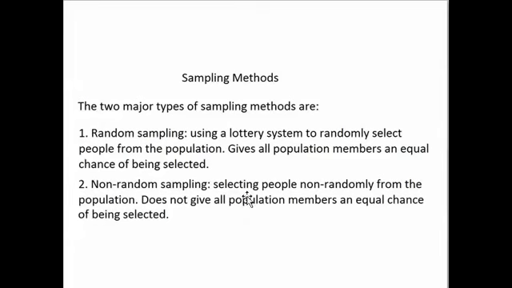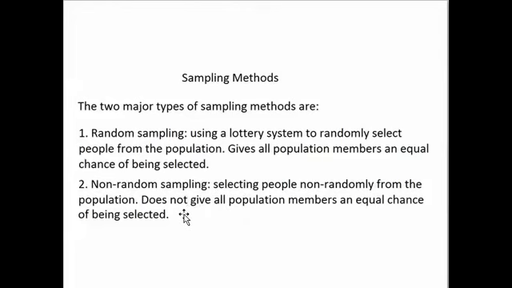The opposite of random sampling is non-random sampling, which is when participants are not selected randomly. If the researcher picks and chooses participants, or if the researcher puts up an advertisement and lets people decide whether they want to come forward and participate, that's non-random sampling.